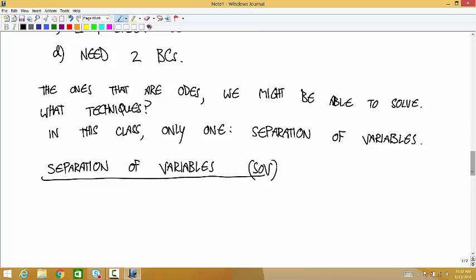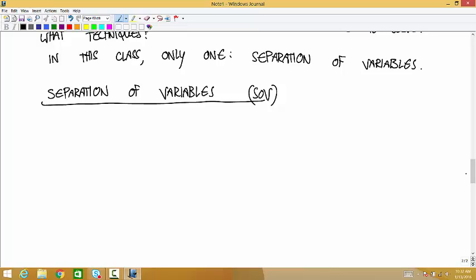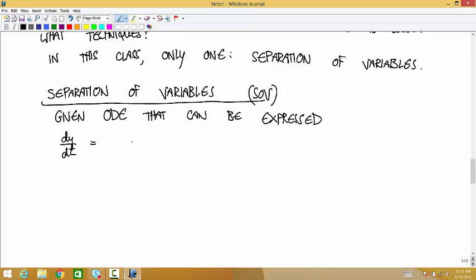So if you're given an ordinary differential equation, an ODE, that can be expressed as dy/dt is equal to f of y times g of t.